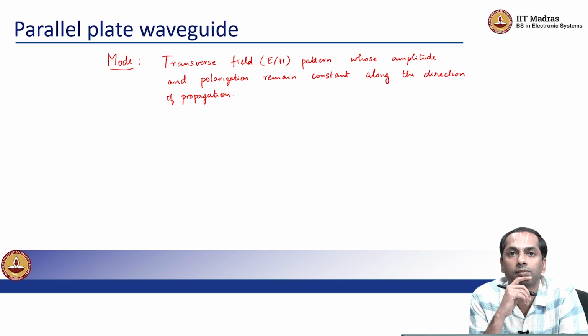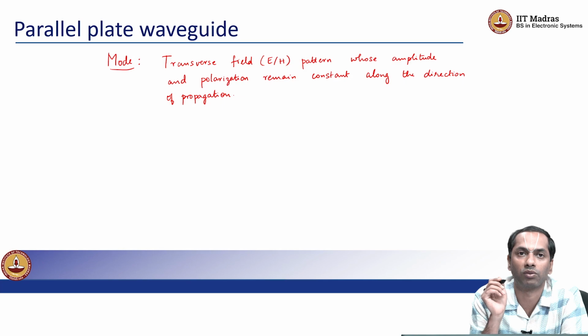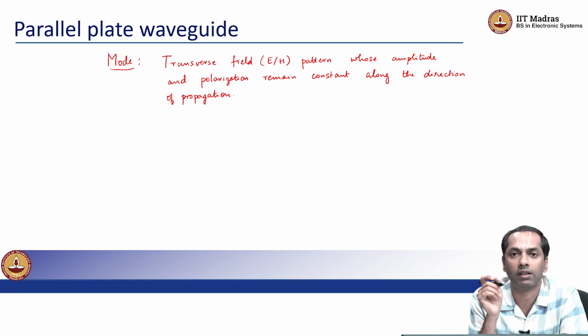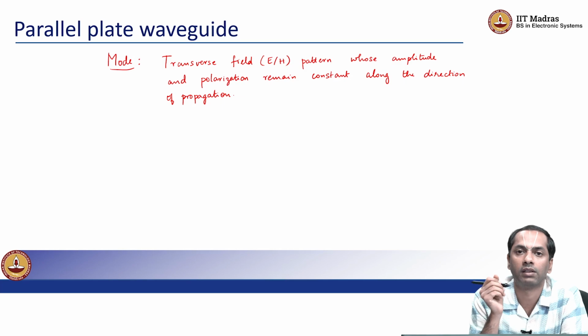Okay, so it's a transverse field pattern whose amplitude and polarization remain constant along the direction of propagation. This is sort of like a definition for mode, but we'll try to uncover and peel a little bit more, right? Because this looks very bookish, right?